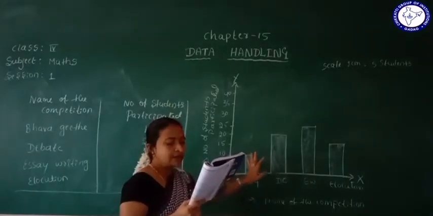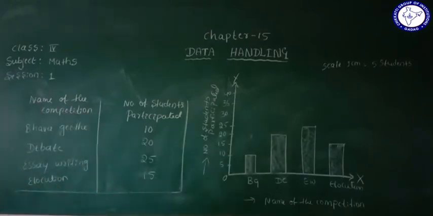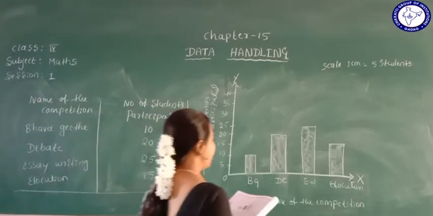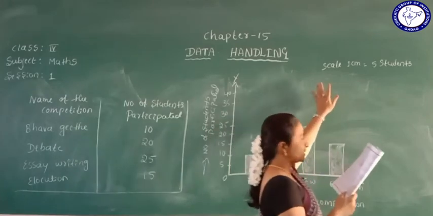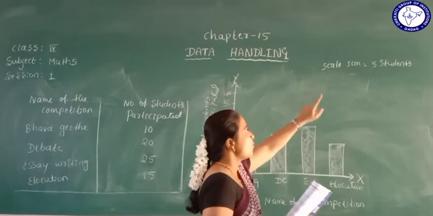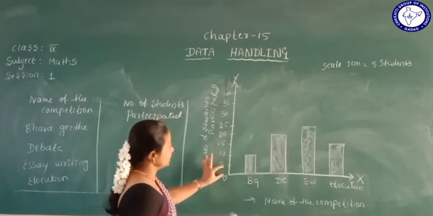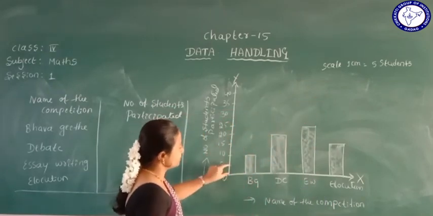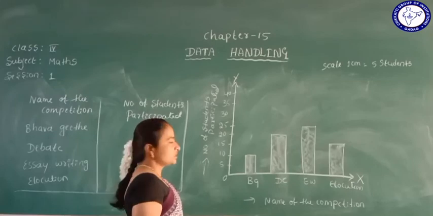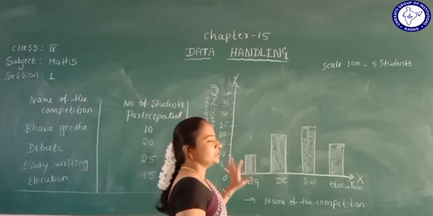If the numbers given in the data are large, then a suitable scale can be selected. So this scale we are using: 1 centimeter is equal to 5 students participated. So it is constructed to complete on one sheet.